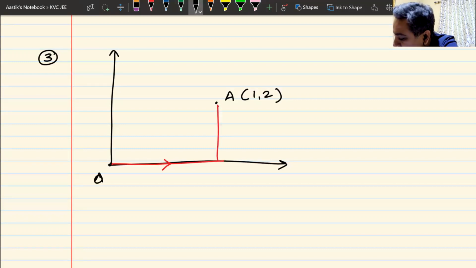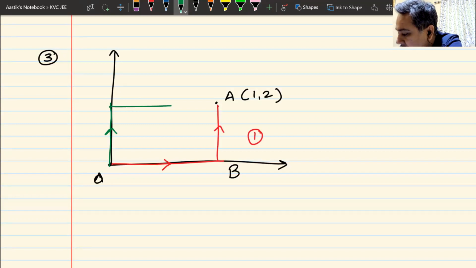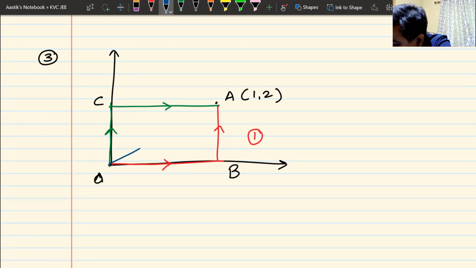Let me call this point B. This is path number 1. Path number 2, which is the green path, goes like this: first up, then horizontal. Let me call this point C. And our revolutionary path number 3 just goes like this.